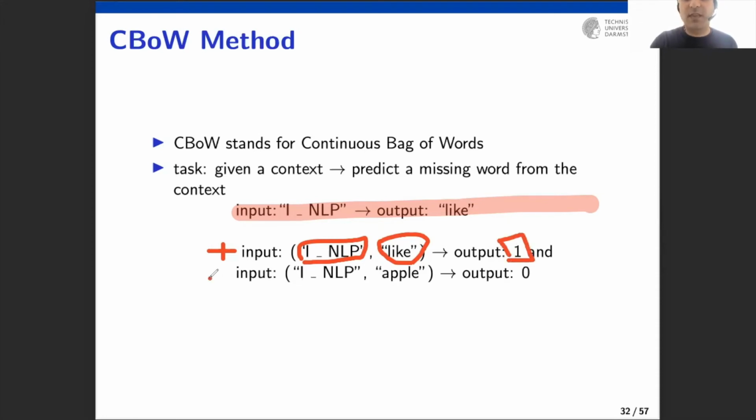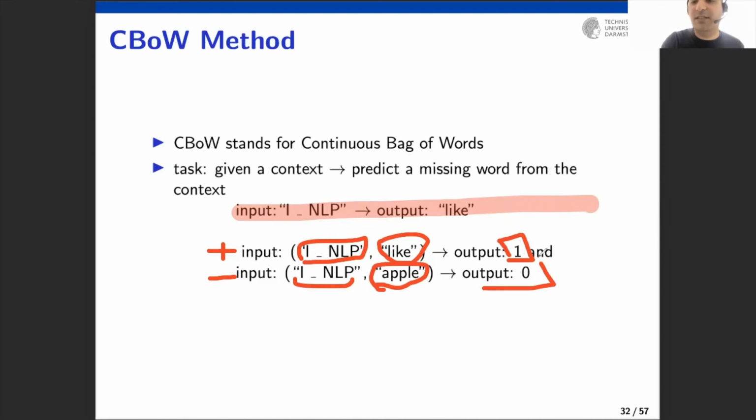And the other set of samples we create is our negative samples. Given this context, "I _ NLP", we put a random word here, like apple, or just cat, or anything that we want, anything except "like". So we have the missing word and NLP, and we want to know if apple is a good fit here or not.